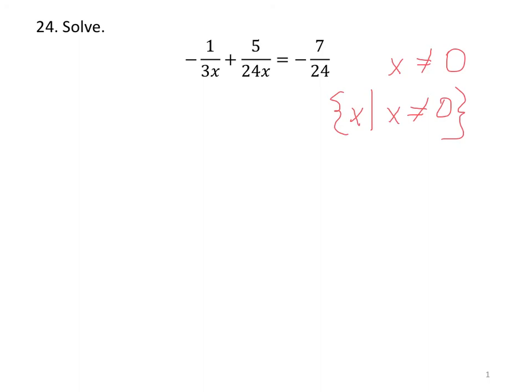So we have denominators of 3x, 24x, and 24. So what is the common denominator? Well, if you look at the numbers, you can see that everything goes into 24. So our least common denominator is going to have 24 for the number and then x for the variable.